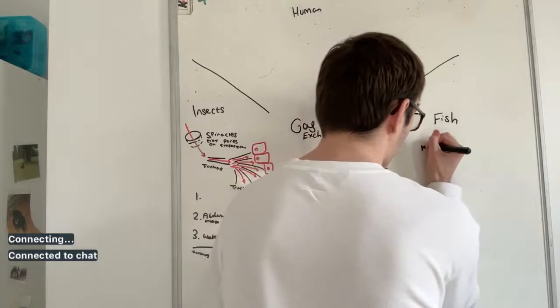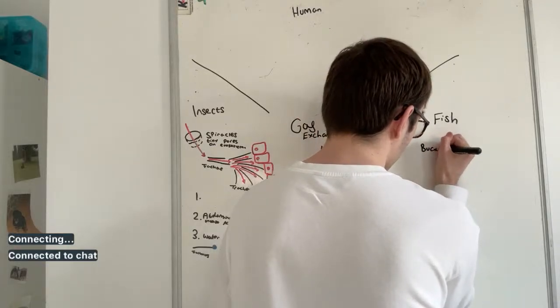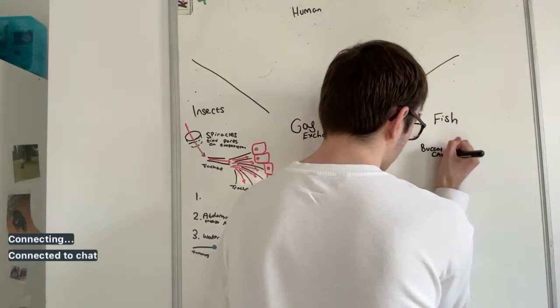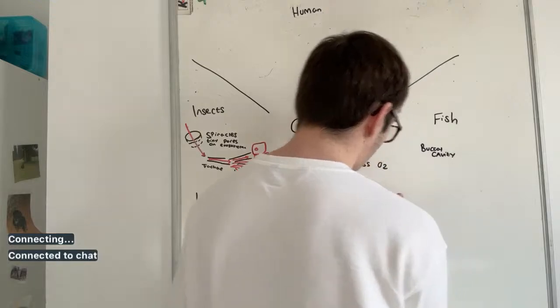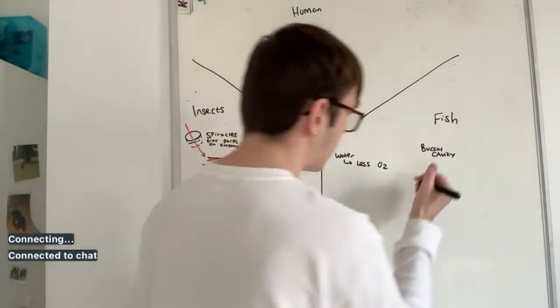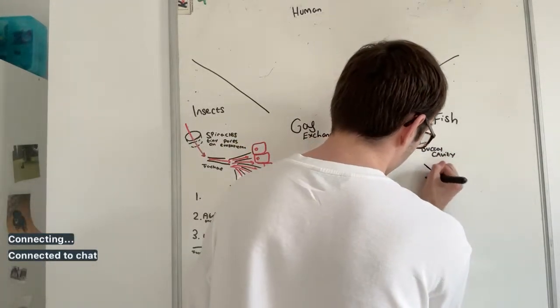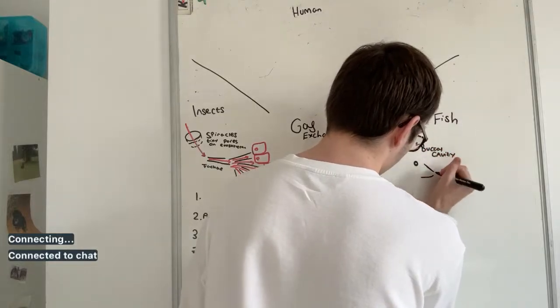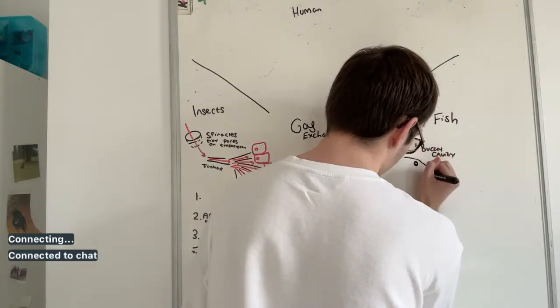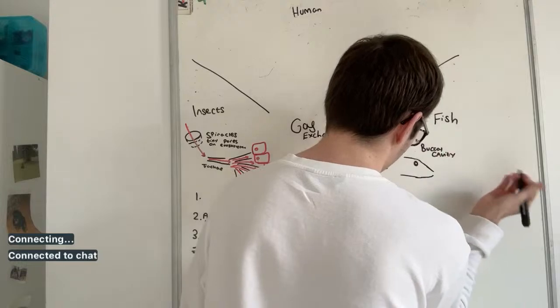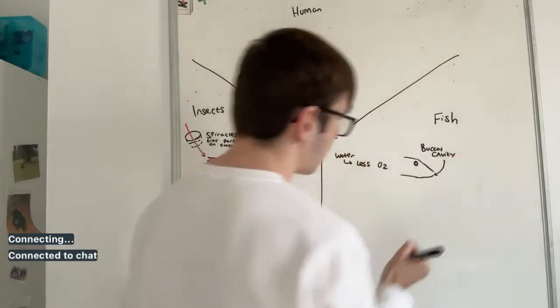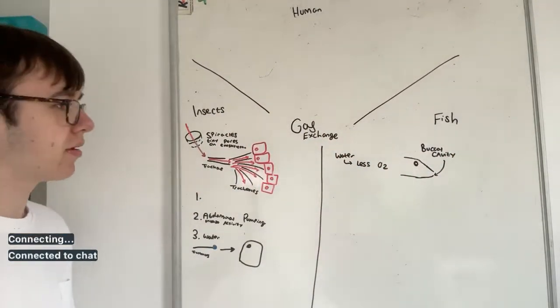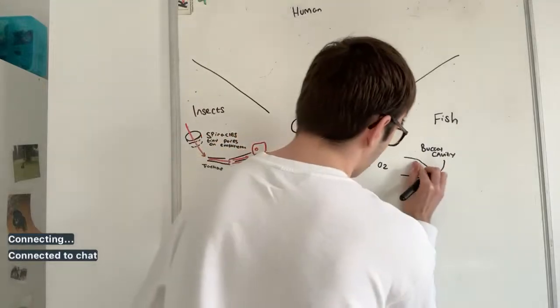The buccal cavity, that's like the mouth of the fish. I don't know how I would really draw that. Just going to draw a fish like this. I don't know whether that looks like a fish, but that's like the buccal cavity.